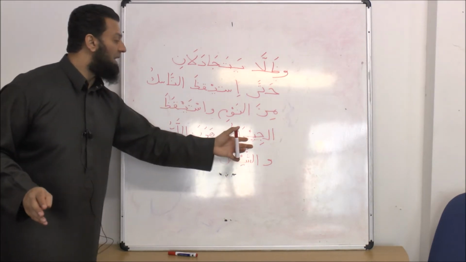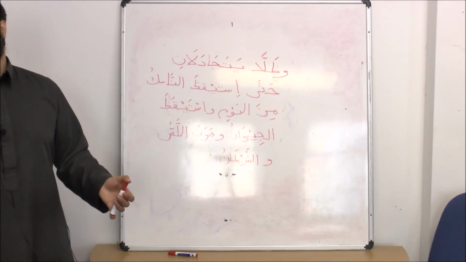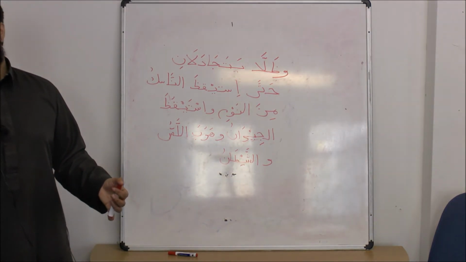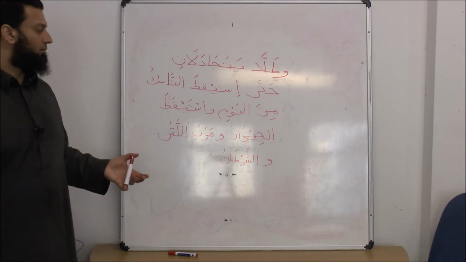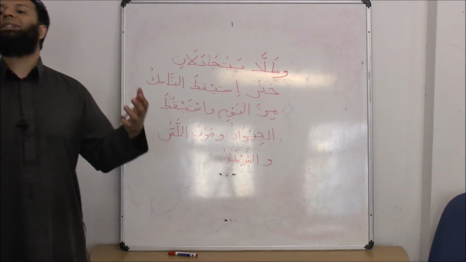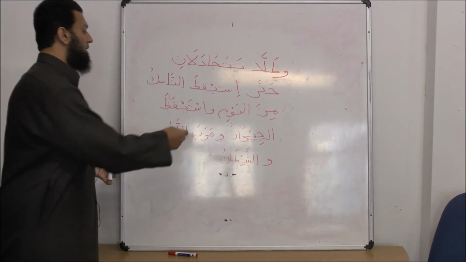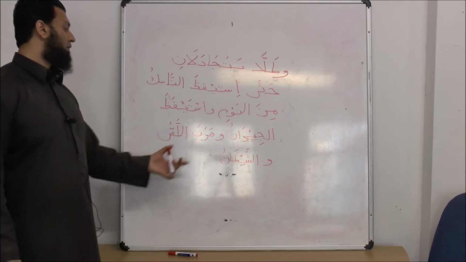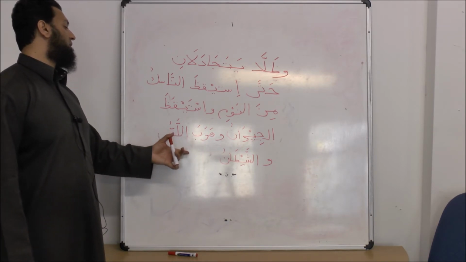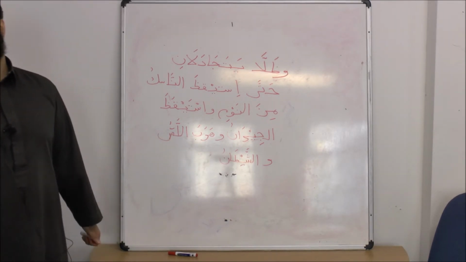Wastayqadha al-jiranu. What does al-jiranu mean? It's the plural of jaru. Jarun, al-jiranu, the neighbors. Wastayqadha al-jiranu. Then what happened? وَحَرَبَ اللَّصُّ وَالشَّيْطَانُ.